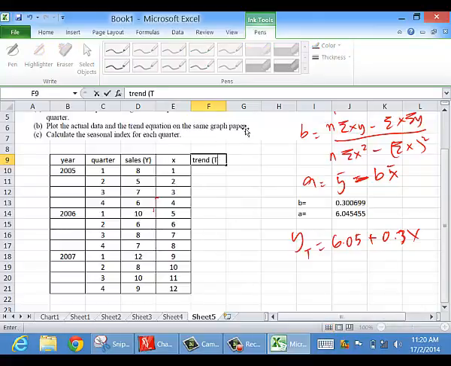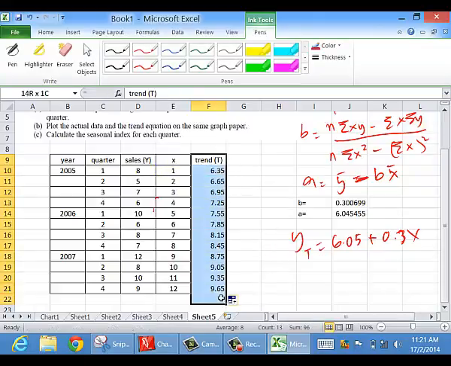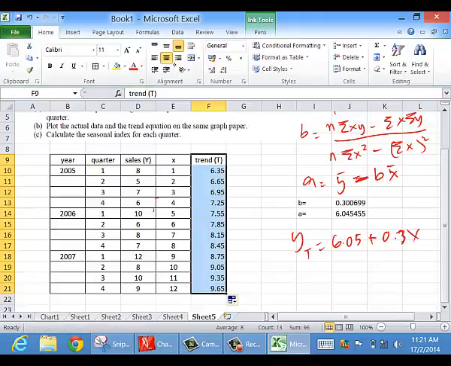So now you calculate your trend T. So you masukkan equation Y, 6.05 plus 0.3 multiply with X value. So you dapat sama macam I dapat?